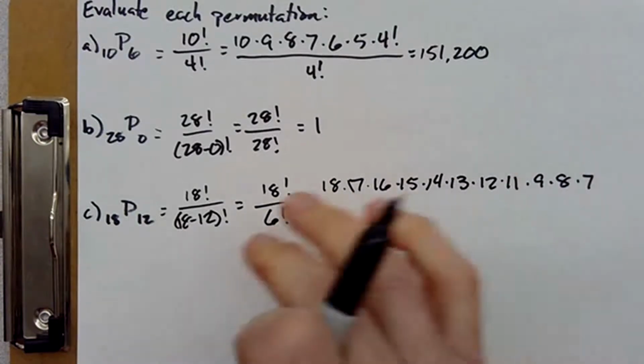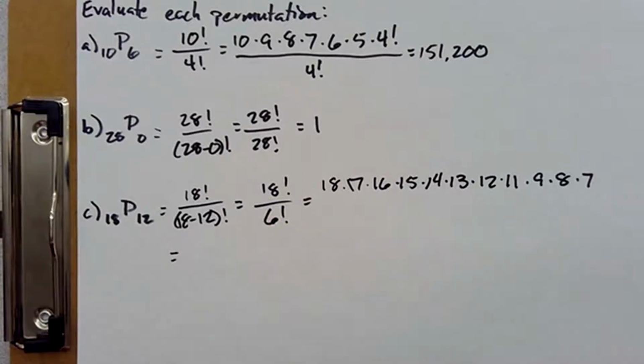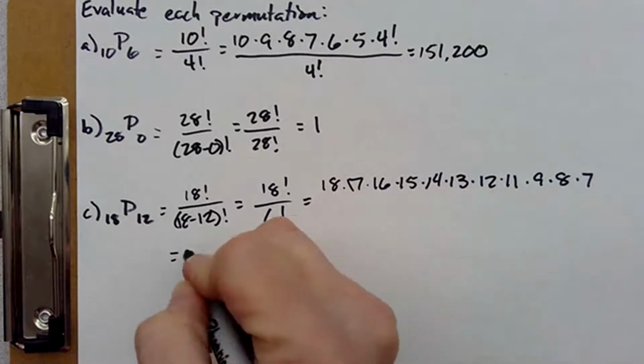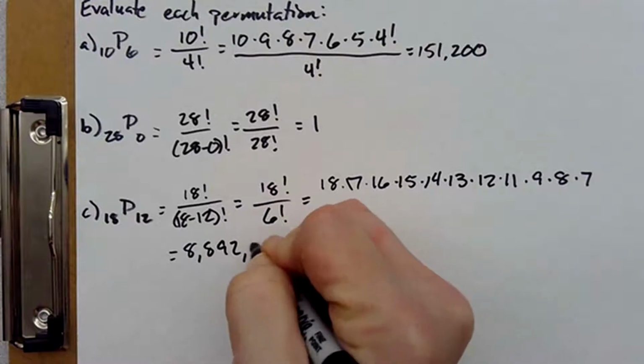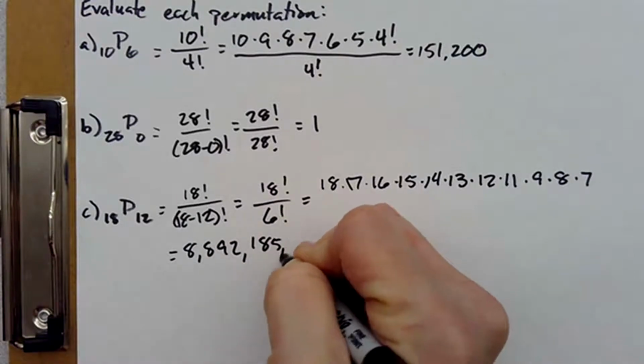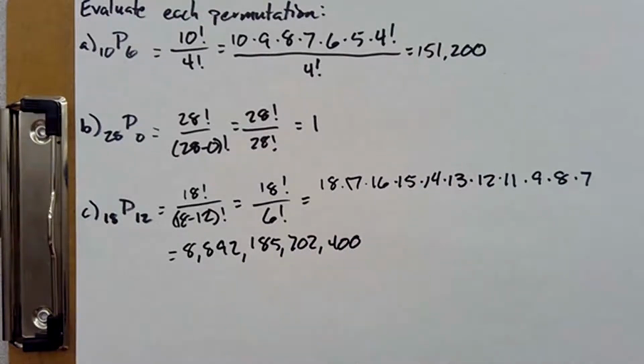And then we'd have a 6 factorial, and that would cancel with the 6 factorial down here, and that's going to be a big number. That gives us 8,892,185,702,400. Big number.